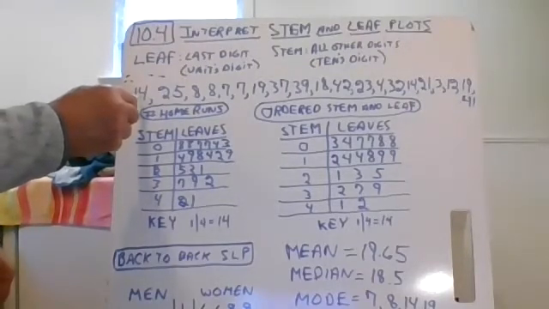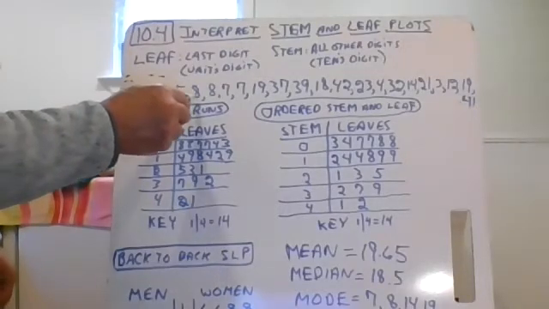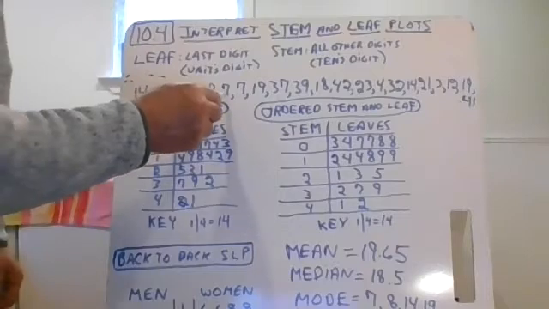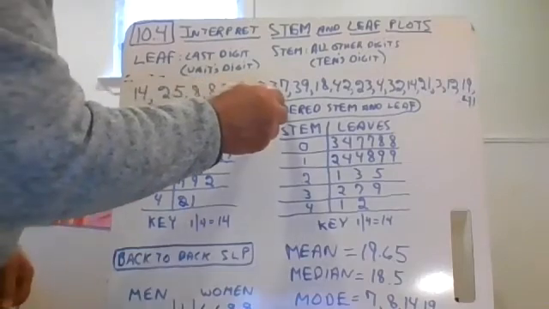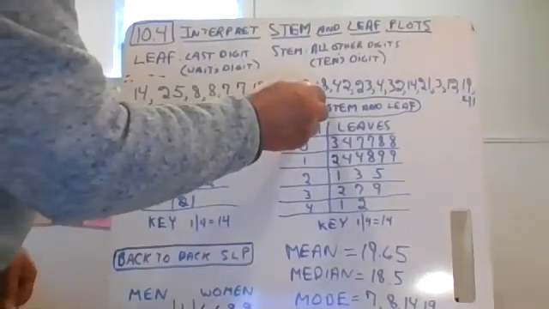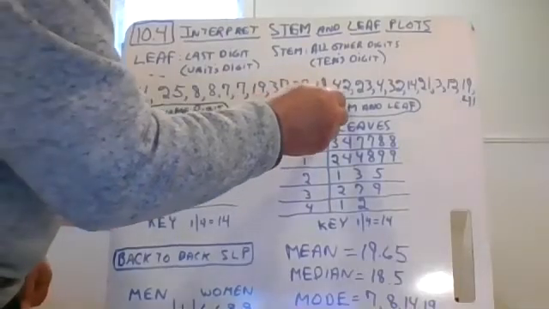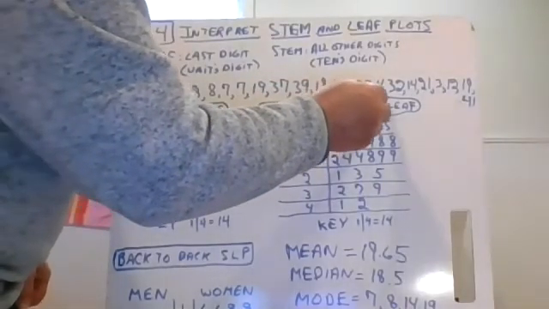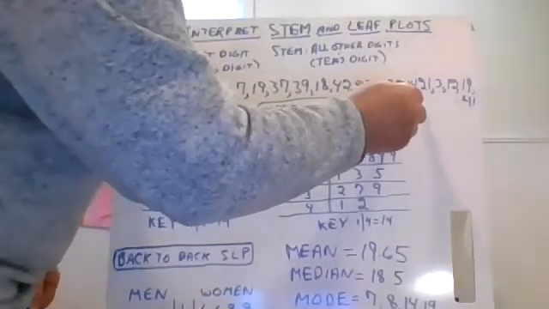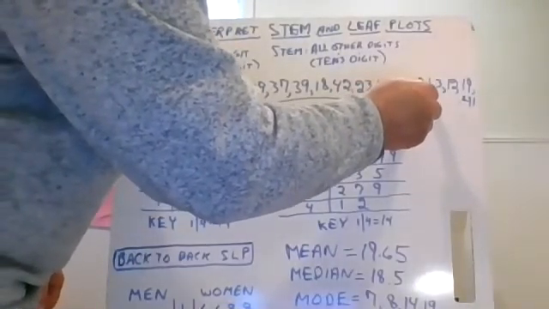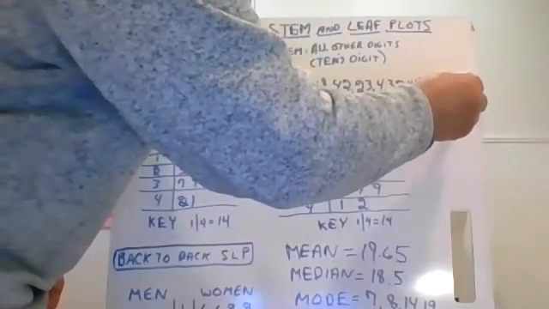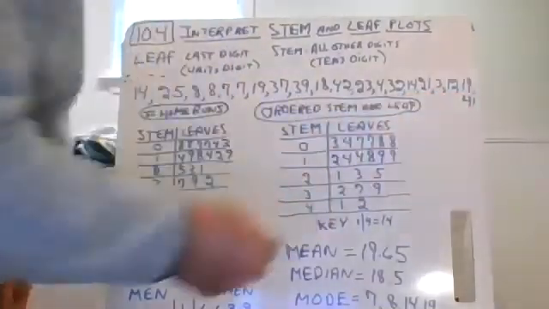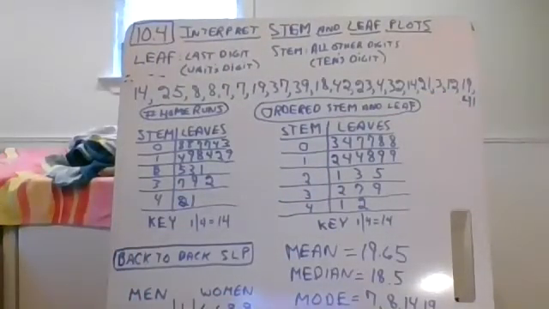You've got 20 data values: 14, 25, 8, 8, 7, 7, 19, 37, 39, 18, 42, 23, 4, 32, 14, 21, 3, 12, 19, and 41. Those are the 20 data values.